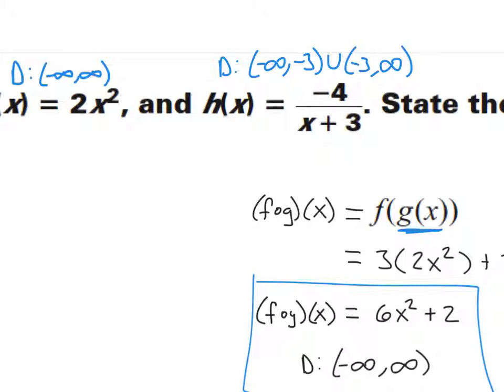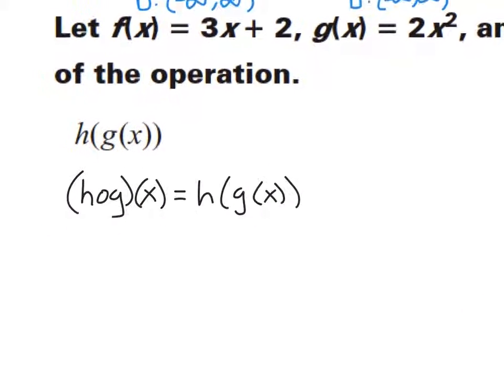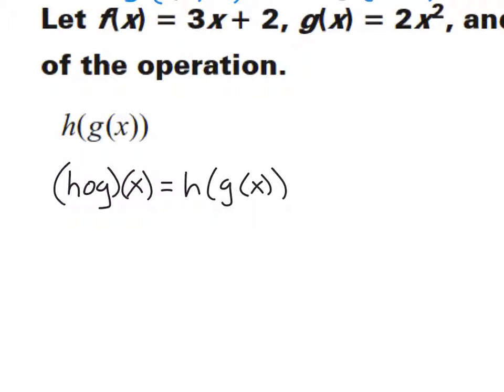Looking back at what we have, I'm going to draw my quick diagram. I have my input going into the g of x function. I'll have an output of that then going into the h of x function. I have all real numbers going in, because that's the domain of my g of x function. So let's see what happens here.